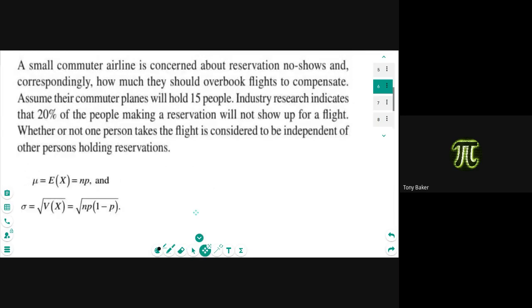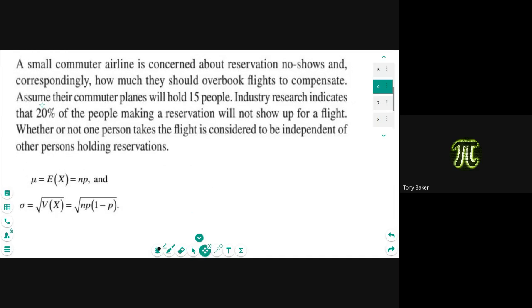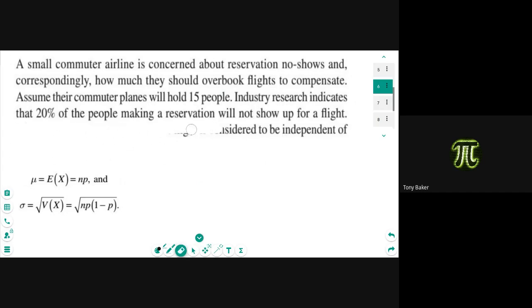So remember this problem? All right. So we did this problem in chapter 7. And we had to use a calculator to determine the answer for this problem.